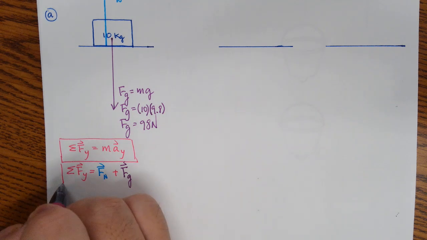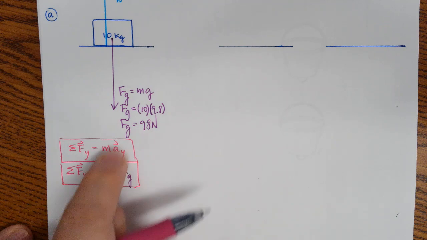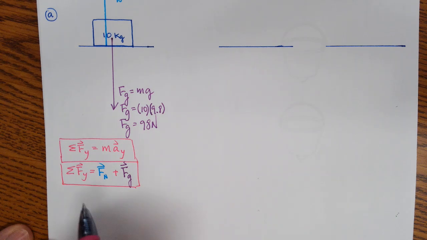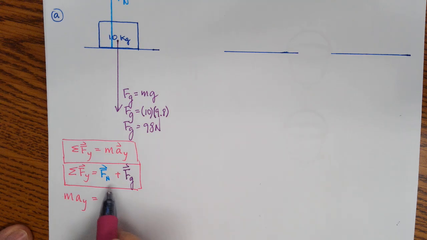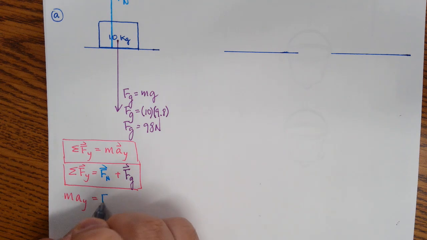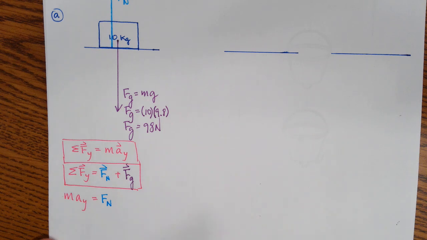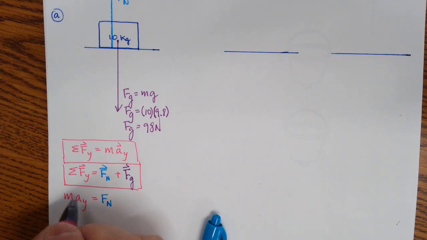Therefore, if I set these two equal to each other, my m a_y is equal to F normal, which is definitely positive because it's pointing upwards. Okay?